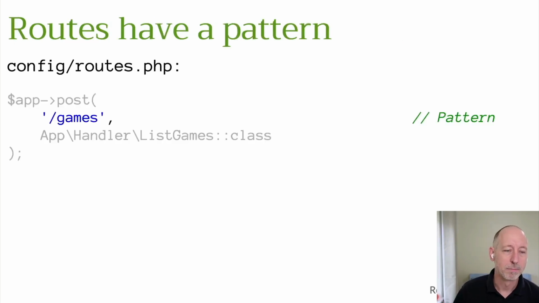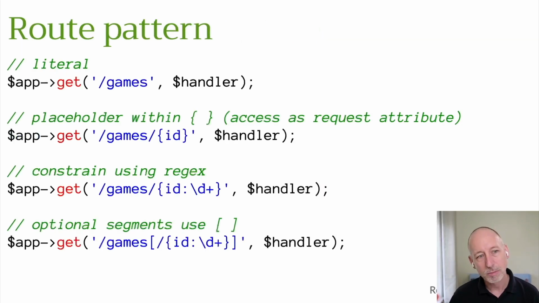Routes have a pattern. So this is the URI that we're going to match against. So here we're just doing simply /games, which isn't particularly complicated because it's just a simple list. But we can do a little bit more complicated stuff. We can use braces to create an attribute. So /games/{id} will enable us to have a placeholder which is each individual game's ID, and they will all match to that particular handler.